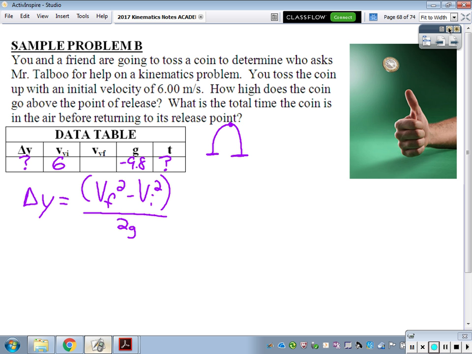Vertically speaking, it is 0. So we can treat this as 0. So 0 squared minus the initial velocity that we're given, all over 2 times negative 9.8. Please do me a favor and plug and chug exactly as you see it on the board.